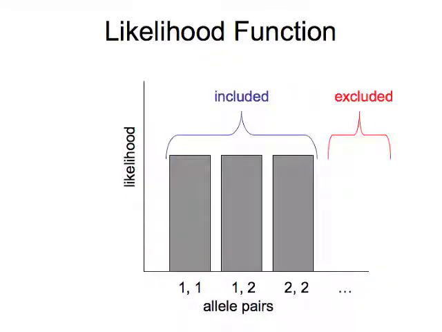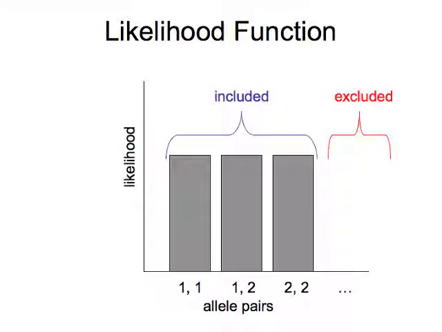By Bayes' theorem, in addition to having a prior belief before there's data, we also need to know what to do with the data once we have it, and how different hypotheses of allele pairs can explain the data, and that's taken care of by the likelihood function. The inclusion likelihood rule says that both of the alleles of a candidate allele pair must be included in the mixture evidence in order for it to be assigned some likelihood.